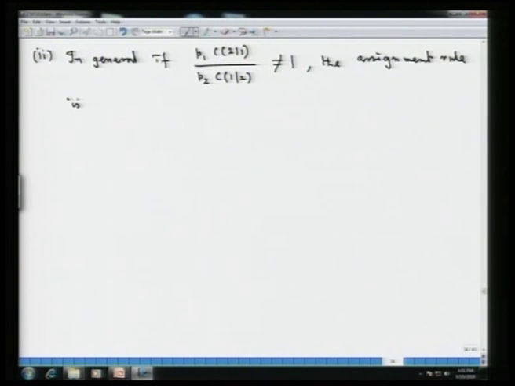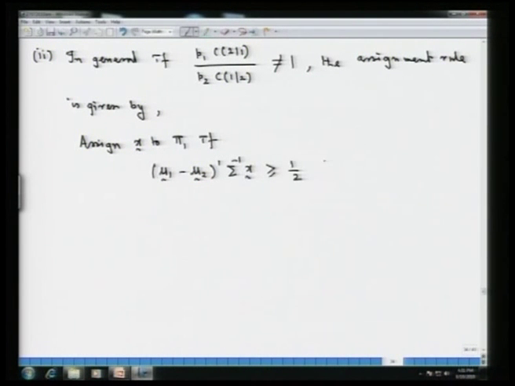The assignment rule is given by: assign x to pi 1 if we have (mu 1 minus mu 2) prime, this is coming from the previous expression itself, sigma inverse times x, greater than or equal to half times (mu 1 minus mu 2) prime sigma inverse (mu 1 plus mu 2).